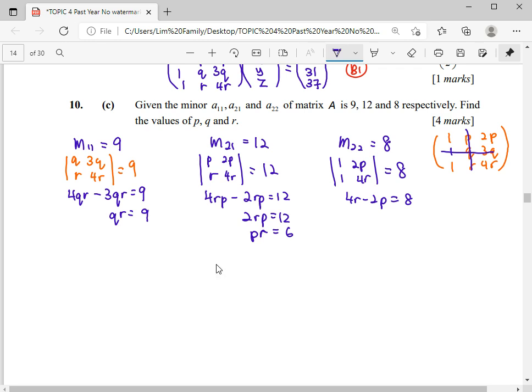Let us substitute P equals 6 over R into the third equation, so that I can solve for R first.